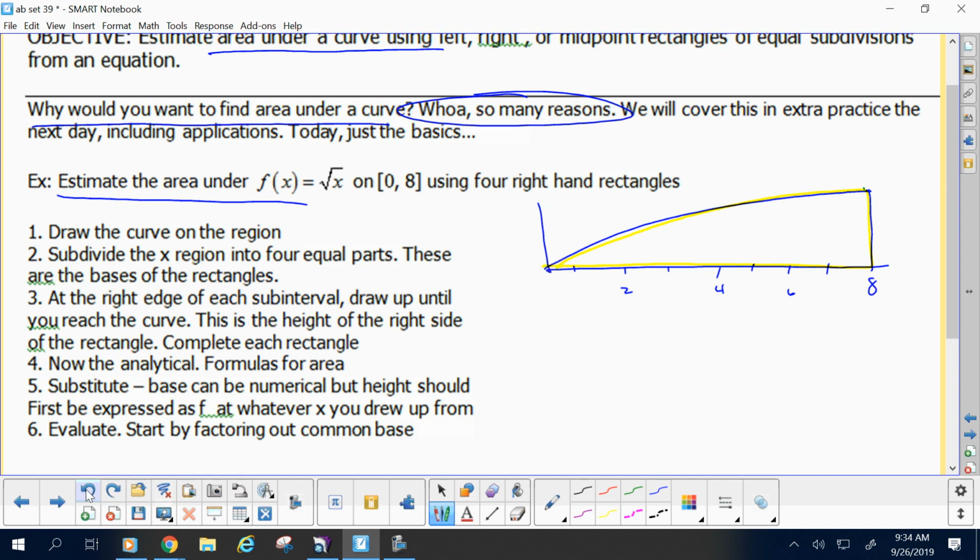Likewise, as you might expect, instead of 2 rectangles, I could go 4 rectangles. And then the error is even less. In fact, I could take the number of rectangles to infinity with a limit, and I could get the perfect area.